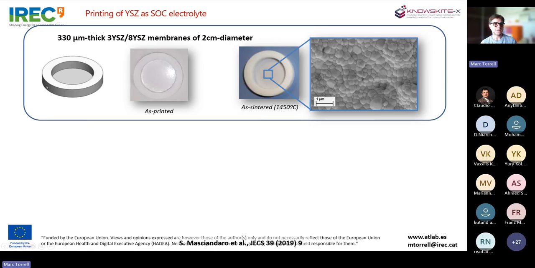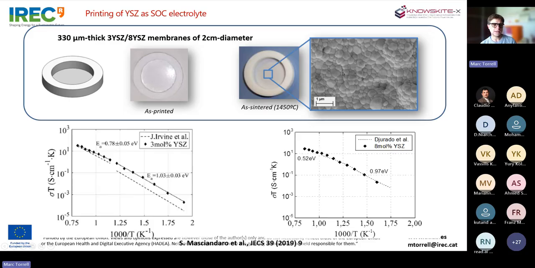So this is a printed button cell of 2 centimeters in diameter, a flat cell that we printed in our machines, and then we sintered at 1450 degrees. And as you can see, at the end, we achieve, as we desire, a very dense electrolyte.